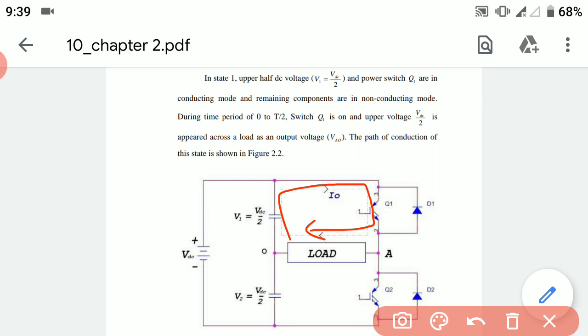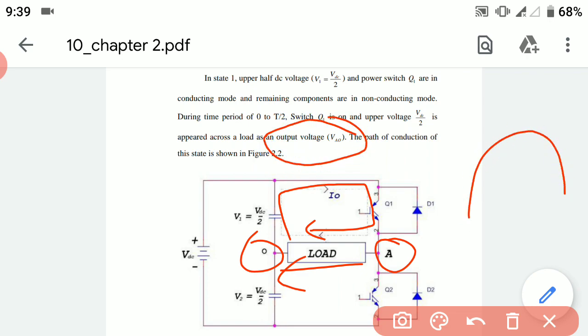So the current is flowing from point A to point O, and the output voltage will be VAO. That is the upper positive half having voltage VDC by 2.